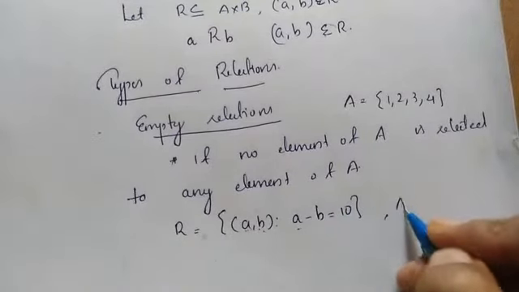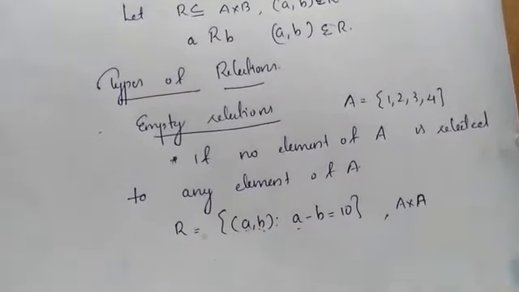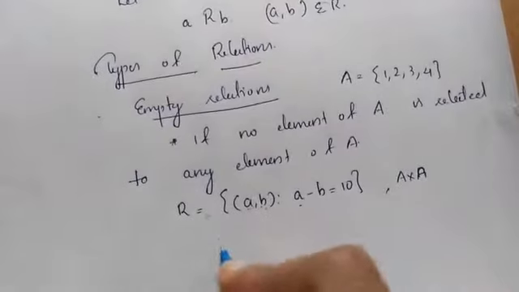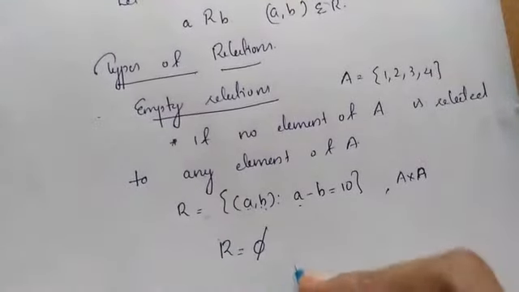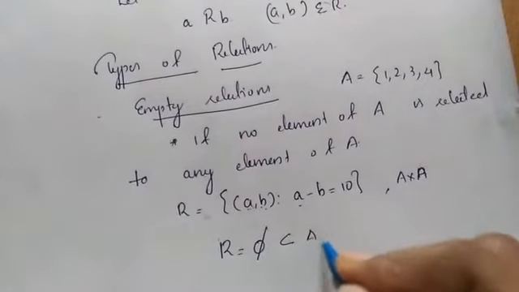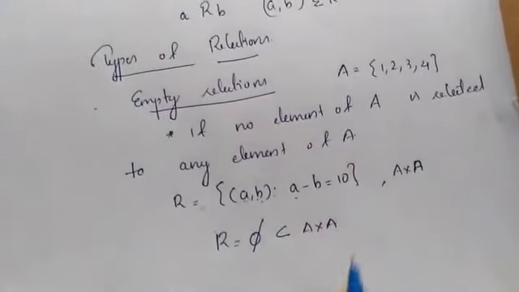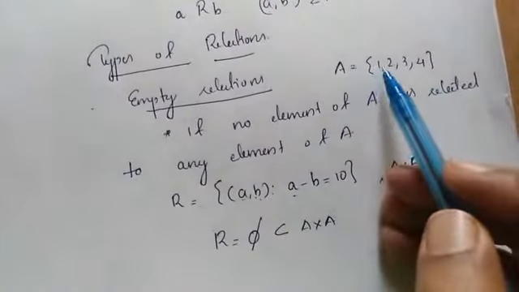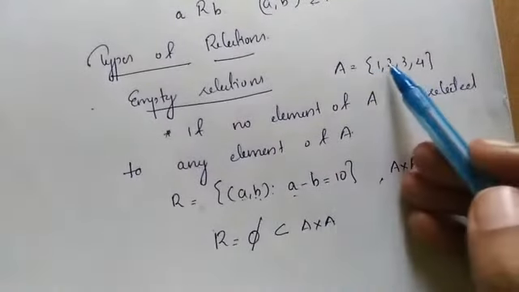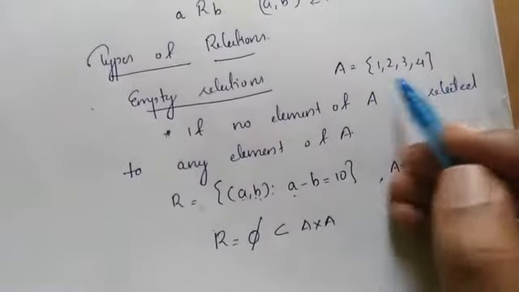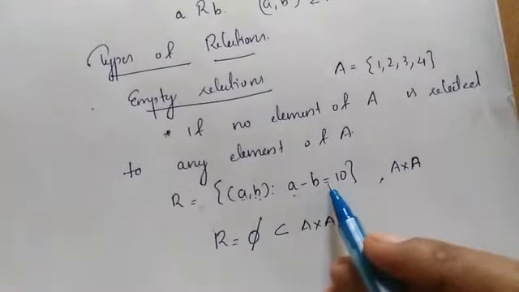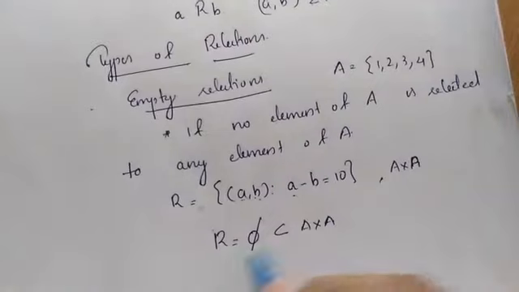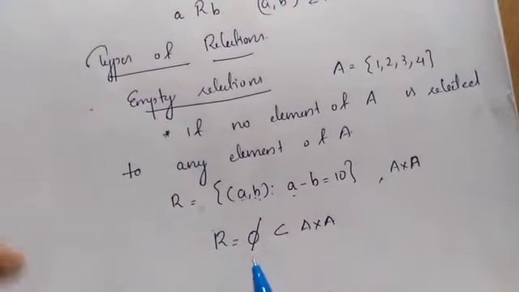We are taking A cross A itself, and here the set is equal to a null set or empty set, which is a subset of A cross A. That means 1 minus 1 is not equal to 10. No other values in the set A satisfy the condition a minus b is equal to 10. So we can say that the relation R is equal to the empty set.